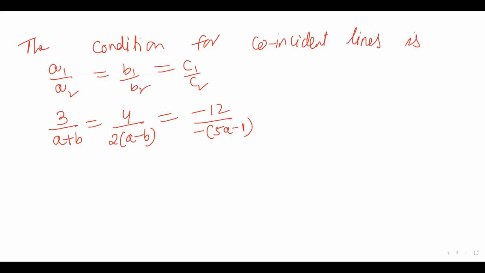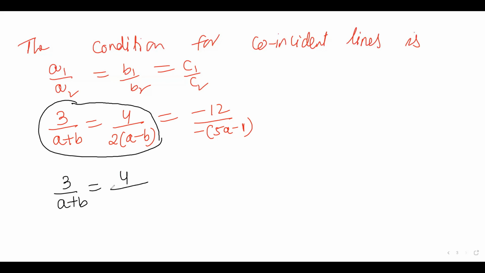Now let us start comparing the first two terms to get one equation. Let's compare 3 by a plus b with 4 by 2 into a minus b. 2 will cancel 4.